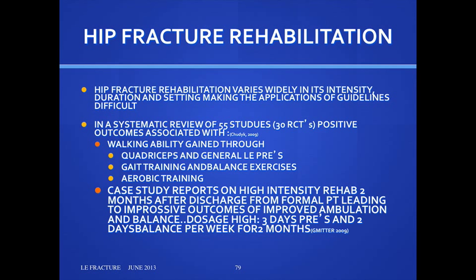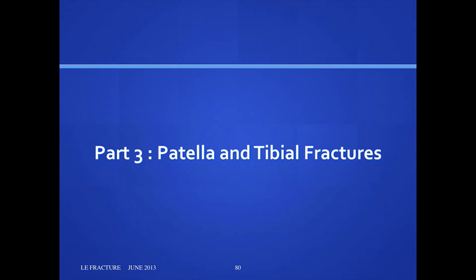And what dosage did they say? 3 days of PREs and 2 days of balance training per week for about 2 months. So I think we have some good evidence that fracture rehab, A, is essential, B, is critical in that early phase of discharge planning, C, has an effect on morbidity and even an effect on mortality. So we have a unique role to play and a very important role. And let's not forget that.